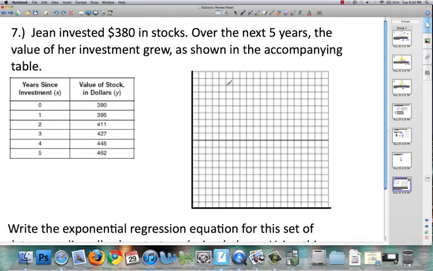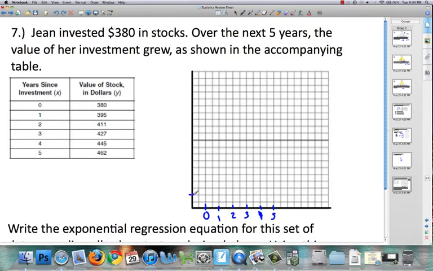And 7's going to be the last one I'm going to do. Okay, it's some data here. It says you invested $380 in stocks. Over the next 5 years, the value of her investments grew, shown in the accompanying table. So let's make a scatter plot out of this. So real quick, I'll skip every 2 boxes. 0, 1, 2, 3, 4, 5.